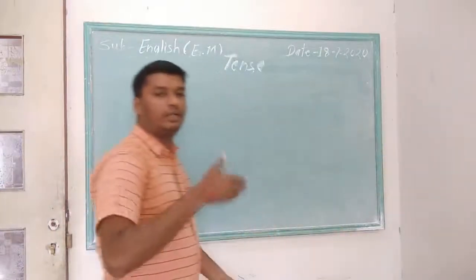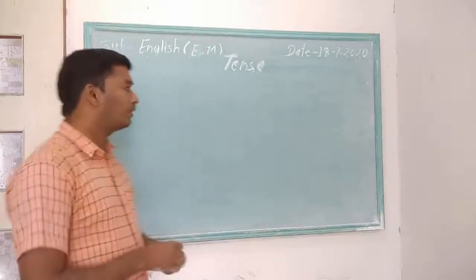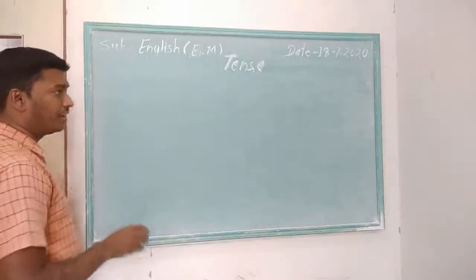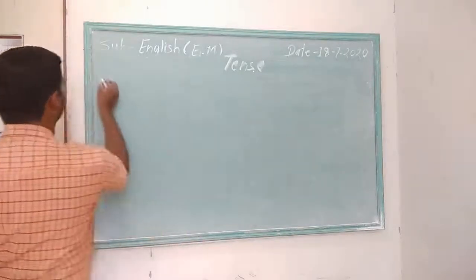First of all, write all subkinds of past tense, then one by one we shall learn. And like present tense, there are also 4 subkinds of past tense.